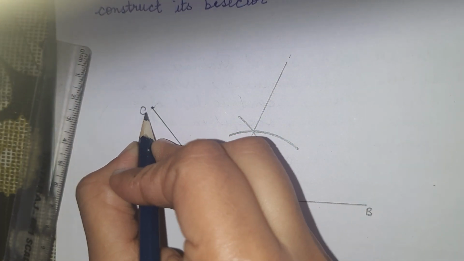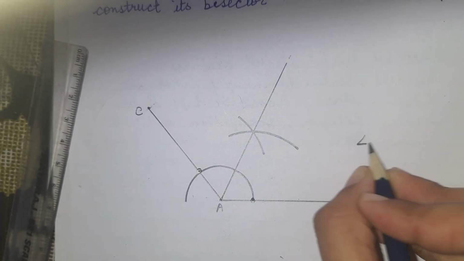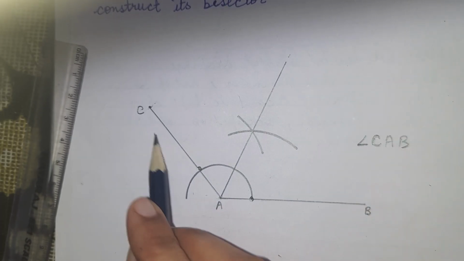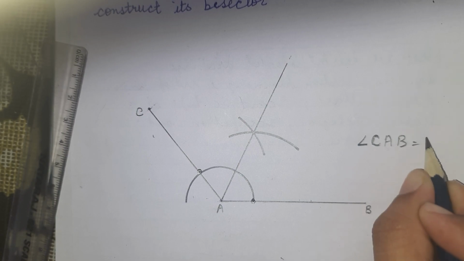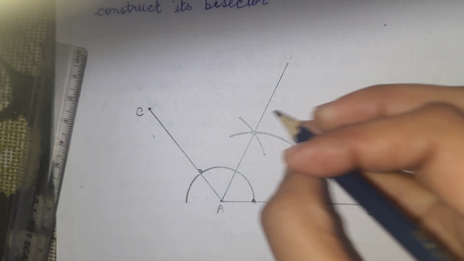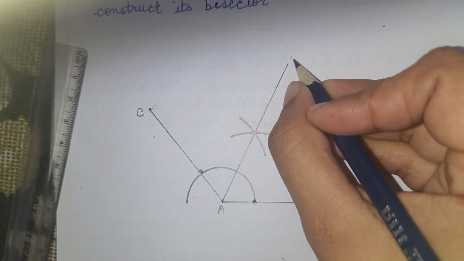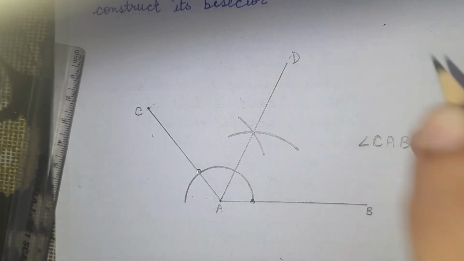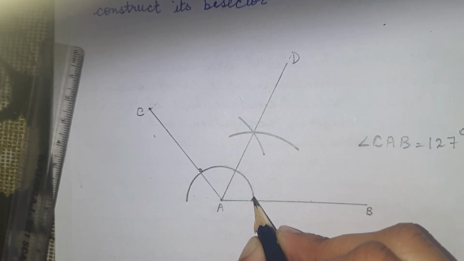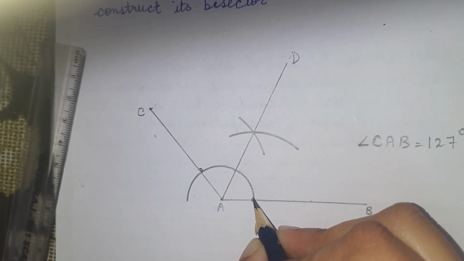Let me name it as C. So my angle CAB is 127 degrees, and if you want to name this line, let us name it as D. So this angle and this angle, this would be the bisector.